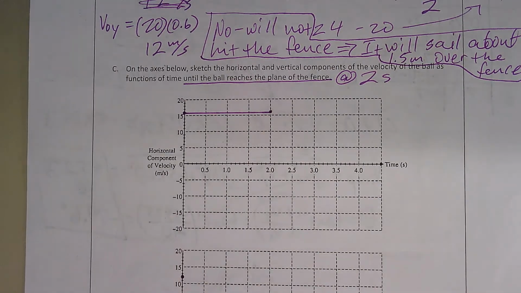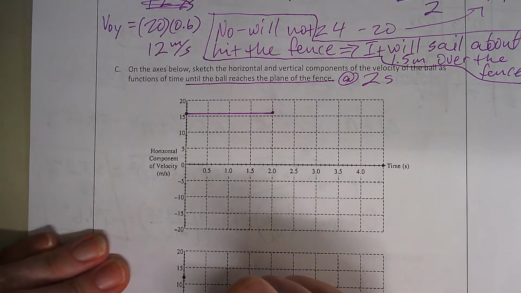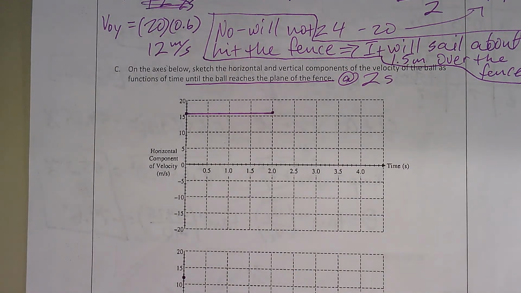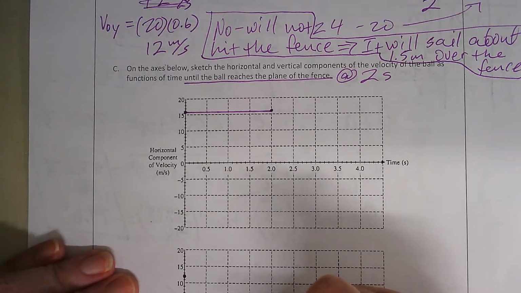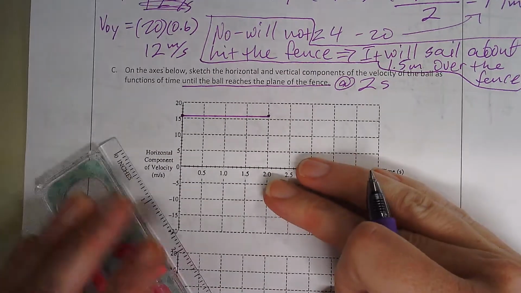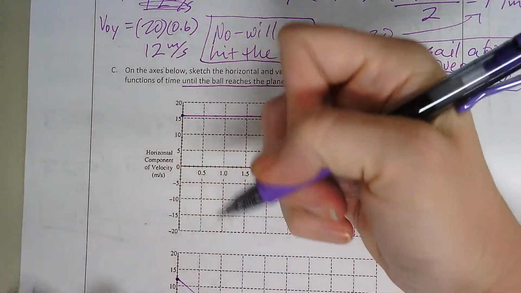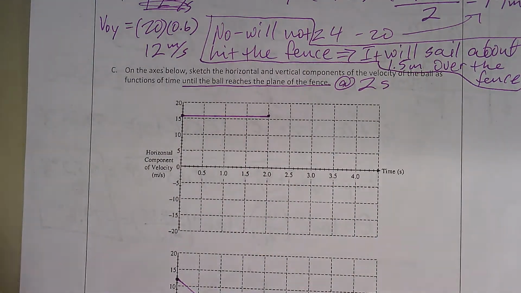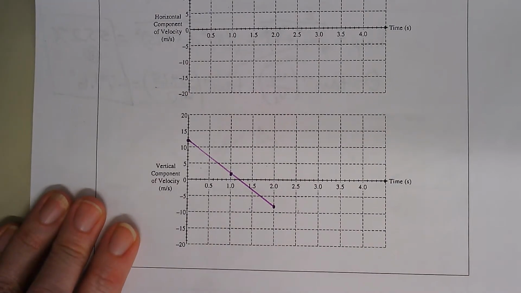So what is 12 minus 10? 2. So at 1 second, it's going to be at about 2. How many more meters is it going to fall in the next second? 10. So what is 2 minus 10? -8. So at 2, it should be at about -8. And you're going to draw a straight line passing through those points, and that slope will be about -10, okay?